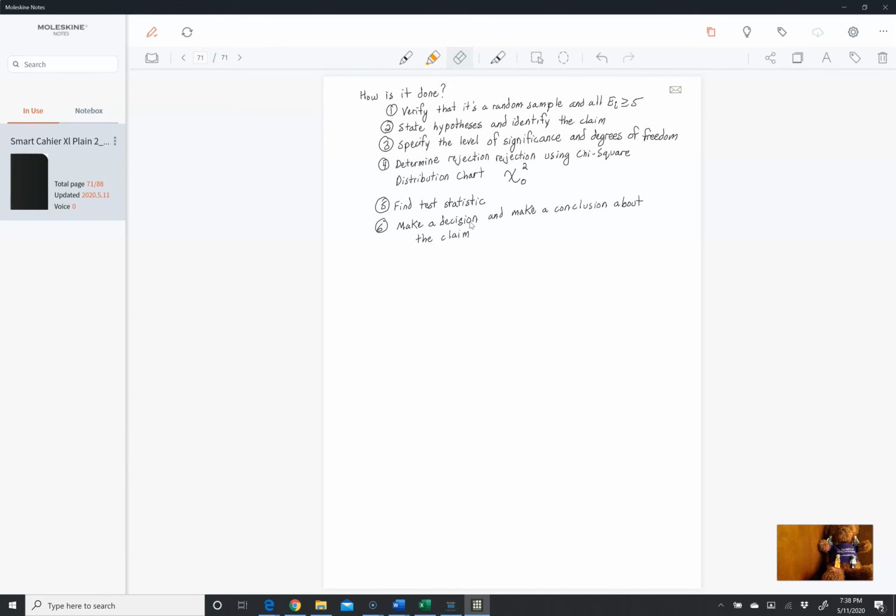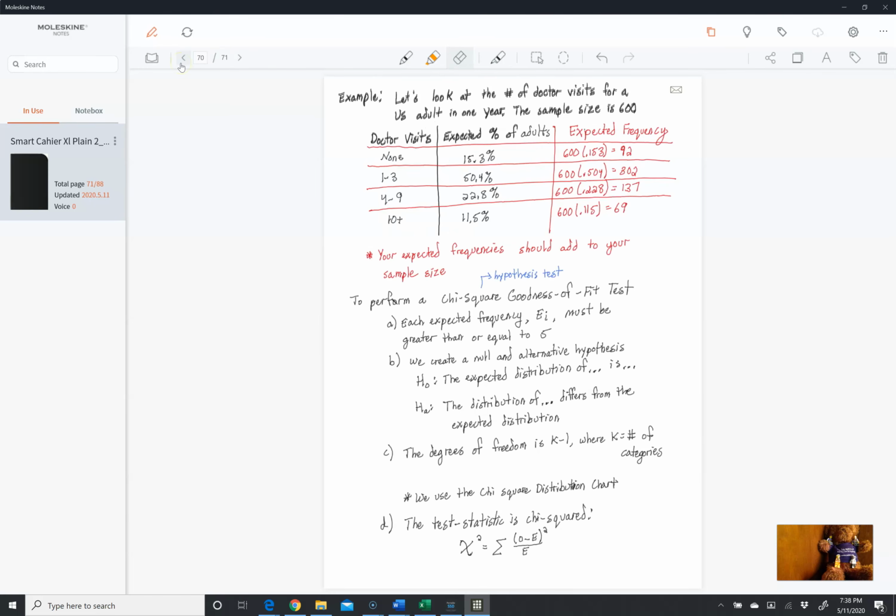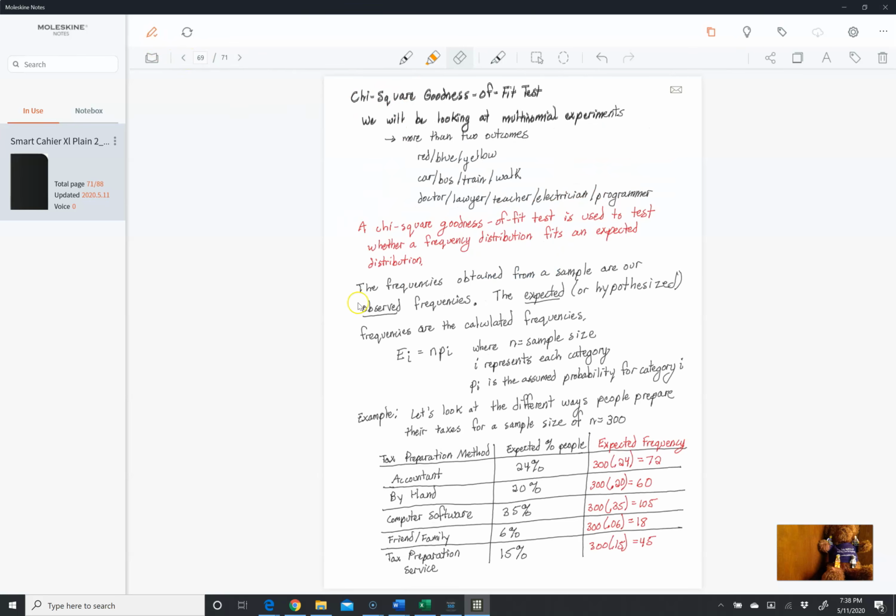Okay, so we're going to use what we calculated before. We're going to use this example as our first example.